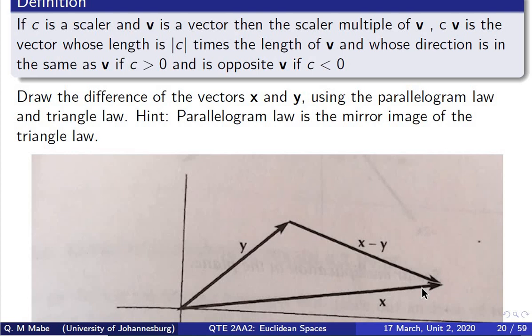And that's only if C is greater than 0. But then if C is smaller than 0, then the vector CV will be in the opposite direction of the vector V.